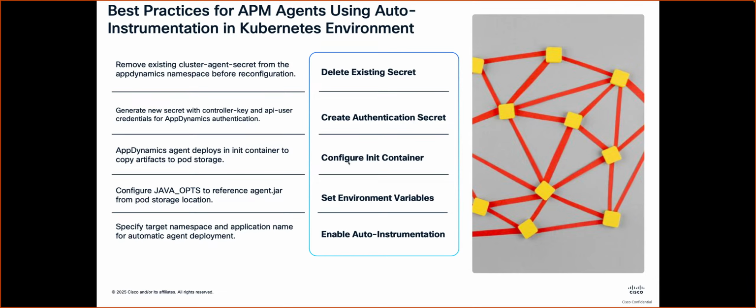Make sure that you create a new authentication secret, and then also make sure that you configure the init container. You set your environment variables depending on where you're going to be setting that up. And then also, we always recommend the auto instrumentation.